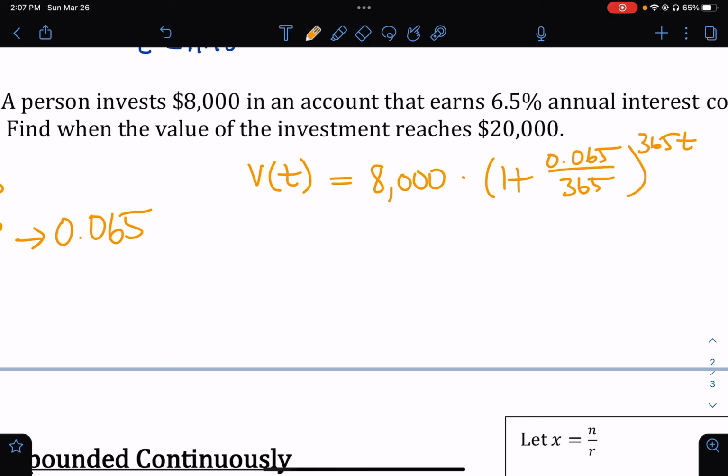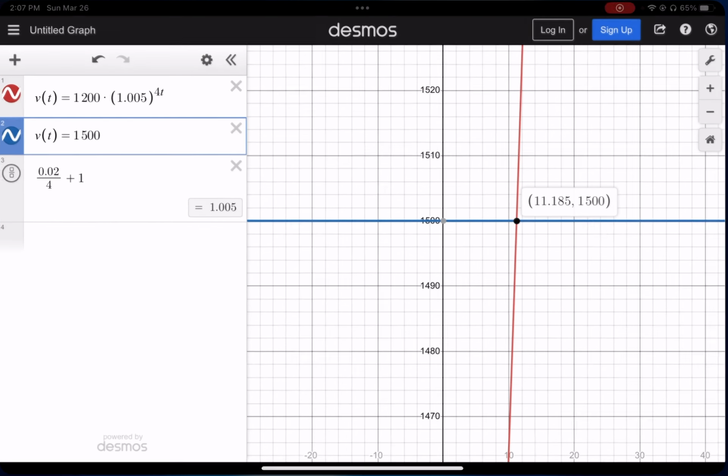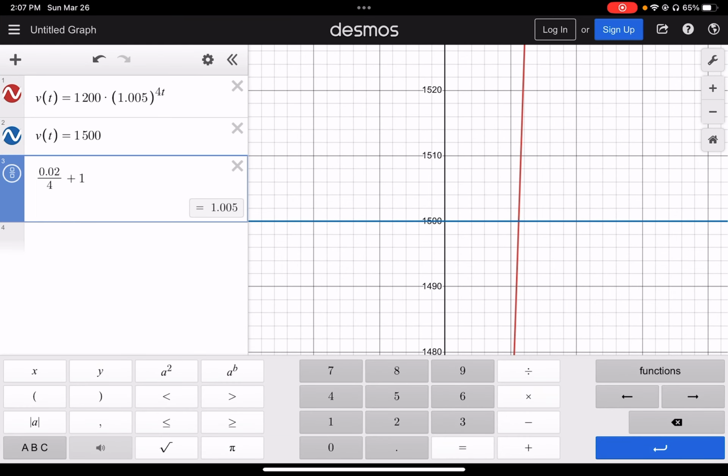And again, if you want to figure out what that is, because you don't like seeing the 1 plus some ugly gross fraction, and you want to just combine that into a single number, you absolutely can. You can just go back to Desmos, use our calculator to help us out there. 0.065 divided by 365 plus 1 gives us a really big decimal there. So again, that may not be worth it to try to write that down, because you really don't want to round until the very end. So I wouldn't if I were you.